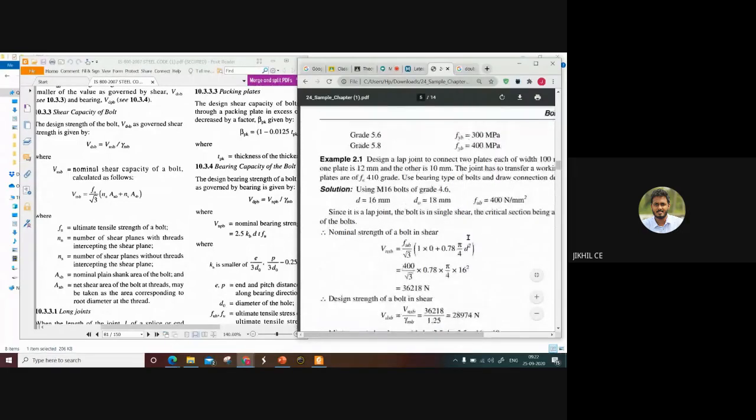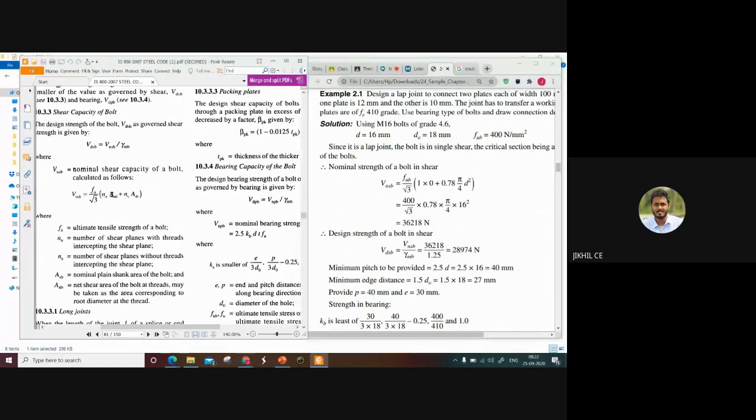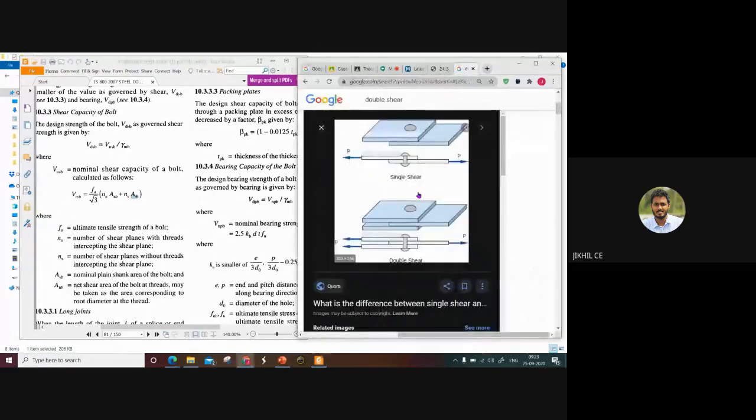We have to take the lower value, right? So either A or B, because if it is in double shear, we should use both values, that means one at the shank and one at the thread. But as we are assuming only single shear, and to take the lowest value, we assume the joint is at the threaded portion.